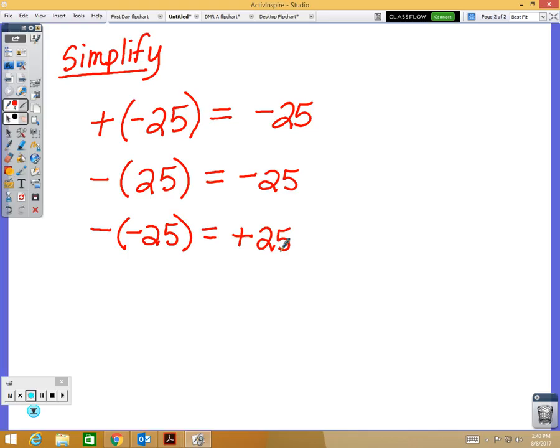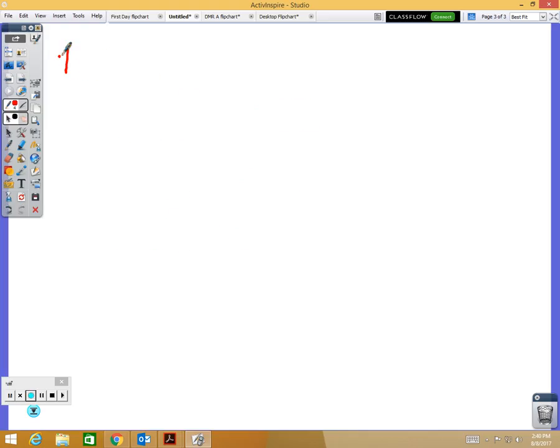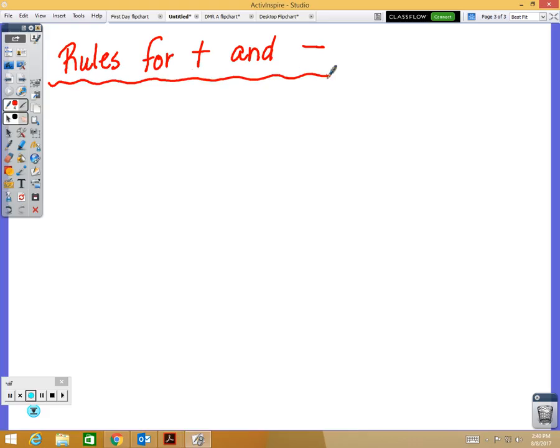All right, so let's do rules for adding and subtracting. Before we think about do they have the same sign or different signs, I want you to think about, can you simplify it? You want to make sure there's only one sign in front of each number. Simplify.